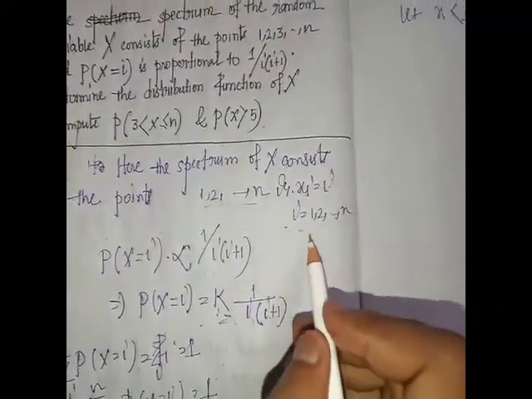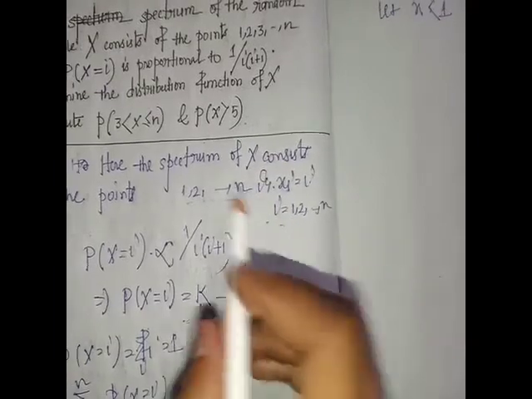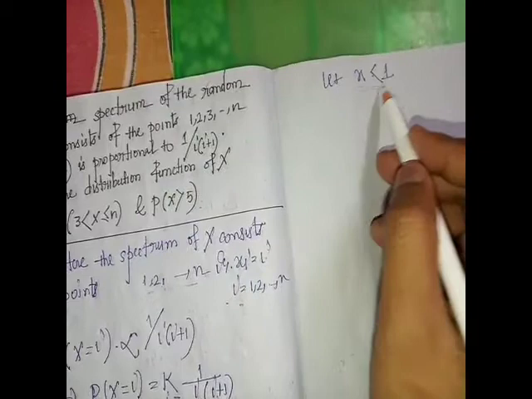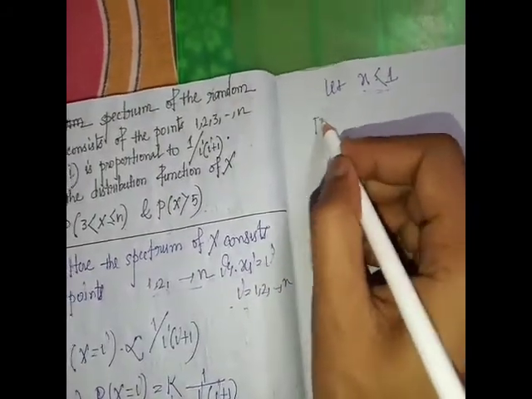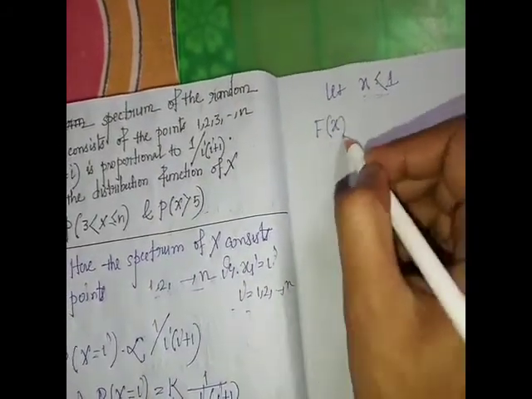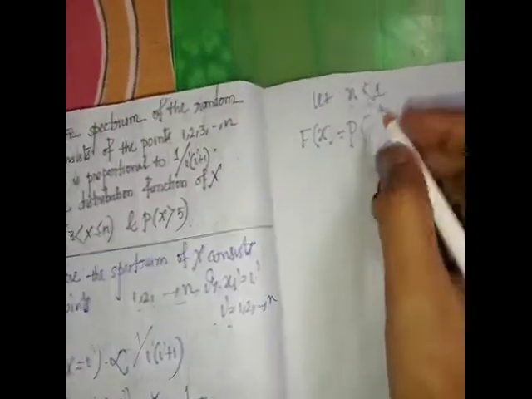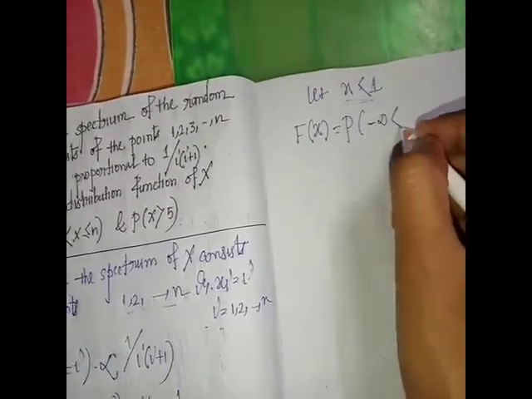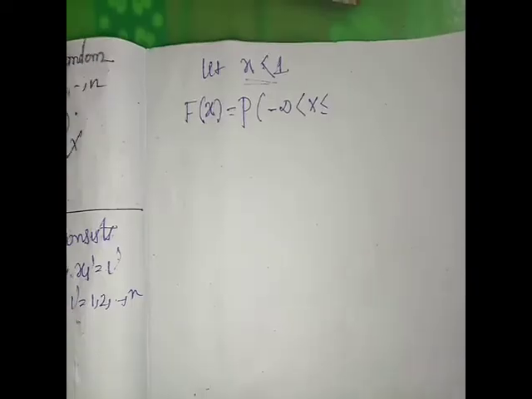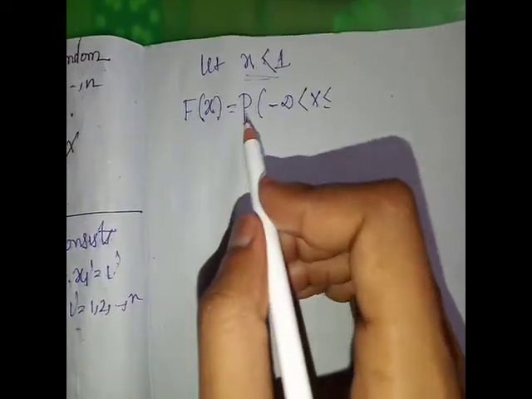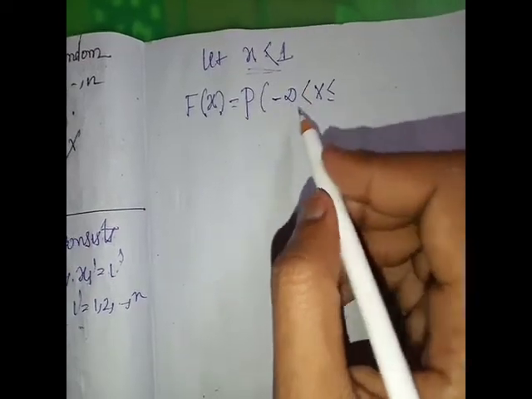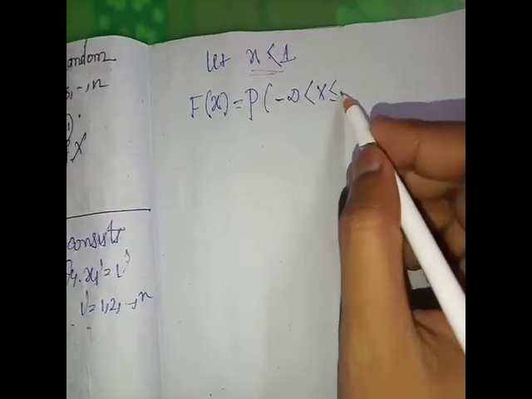Now we find the distribution function. Let x be less than 1. Since the spectrum contains the points 1, 2, 3, ..., n, and x is less than 1, in this case, by the definition of the distribution function, F of x equals the probability of minus infinity less than X less than or equal to x.